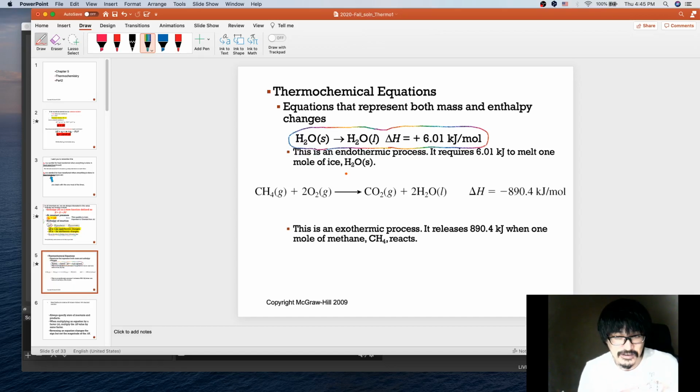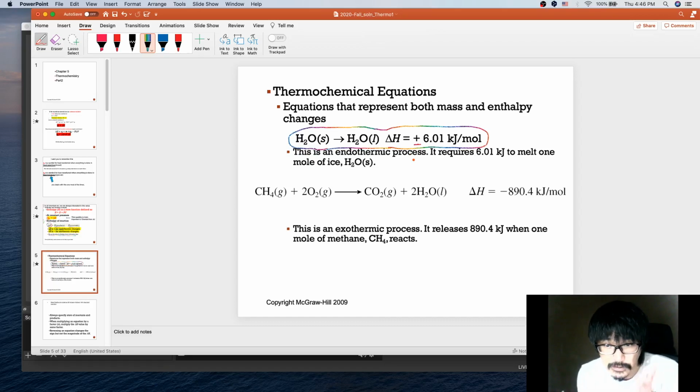And the other way around, if the liquid is turning into solid, then that's an exothermic process. So if the liquid is turning into solid, this value becomes negative because it's going the other way around. Maybe I shouldn't have talked about that one right now, but it's okay.